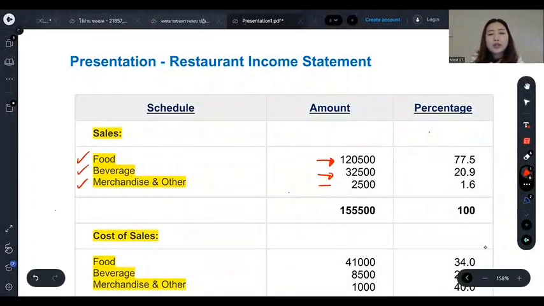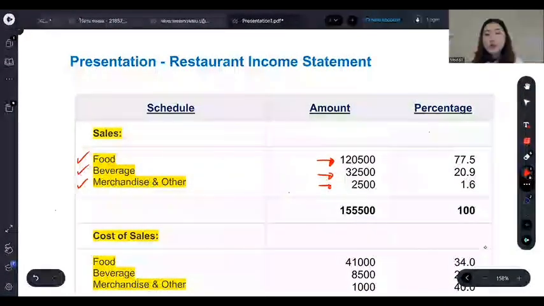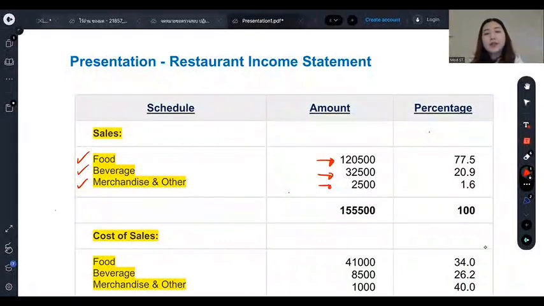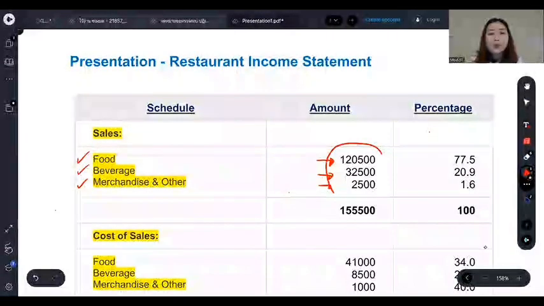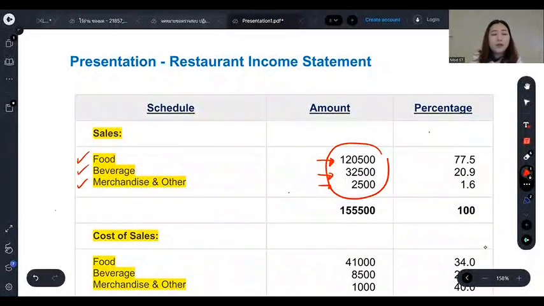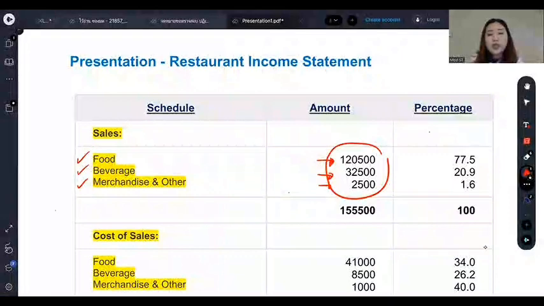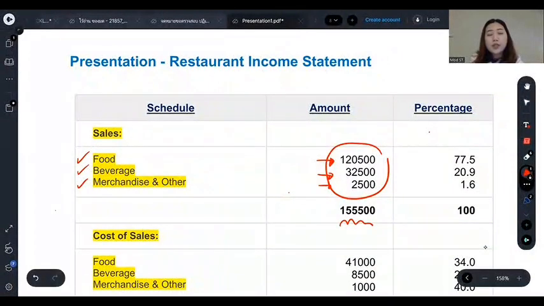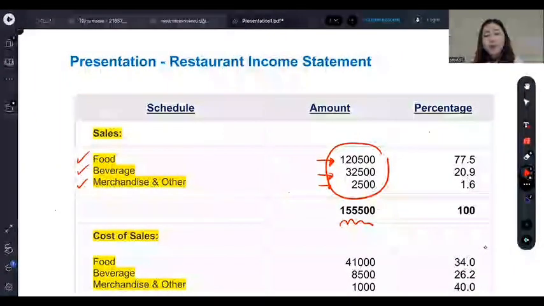And we can earn 2,500. And then when we total all of these sales, we will get the total sales, which is 155,500.